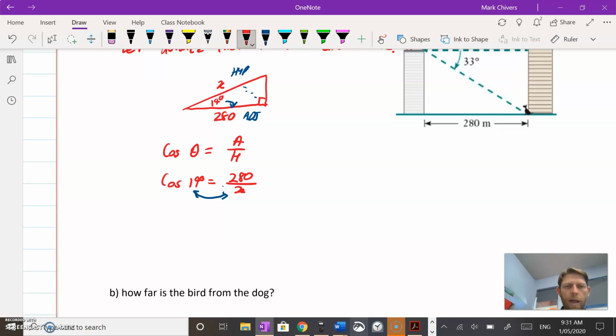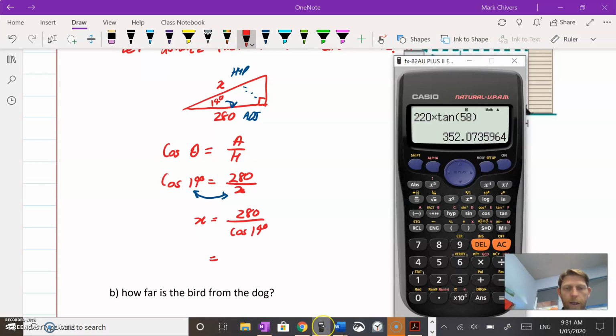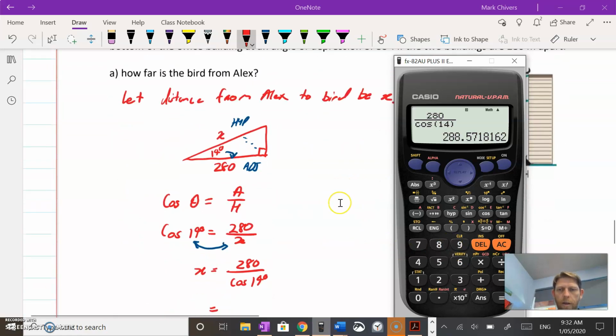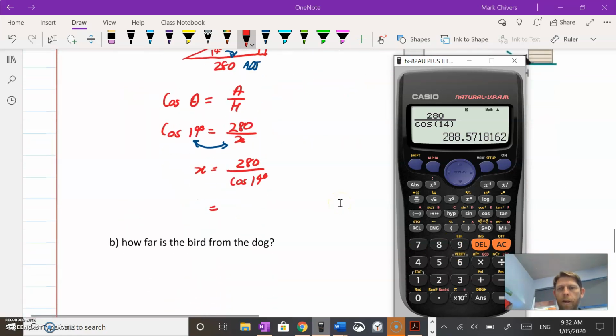But if you remember that, then you can just jump straight to x equals 280 over cos 14 degrees. And we plug that into our calculator. So 280 over cos 14 degrees, and we end up with 288. Now, the accuracy we can choose ourselves. I'm going to go to 1 decimal place, so 288.6 metres.